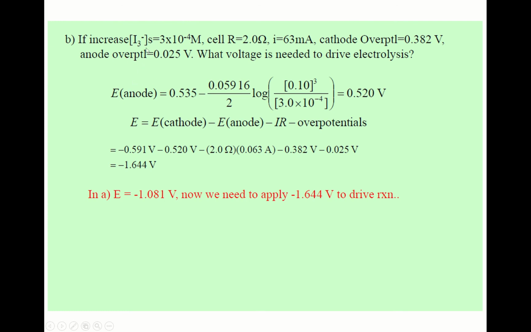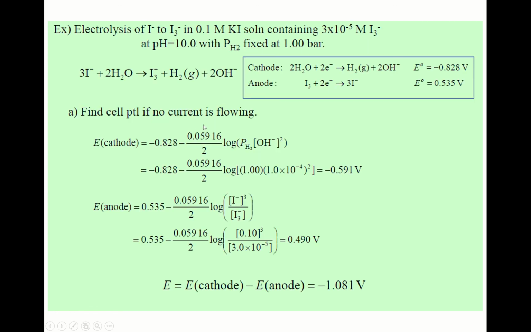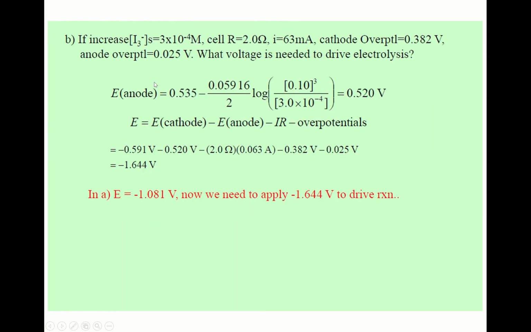Okay, and then the surface concentration of triiodide is, let me see, the surface concentration here, since you drive this one, it will be increased a little bit, to 3 times 10 to the minus 4, and the cell resistance is 2 ohm, quite small.